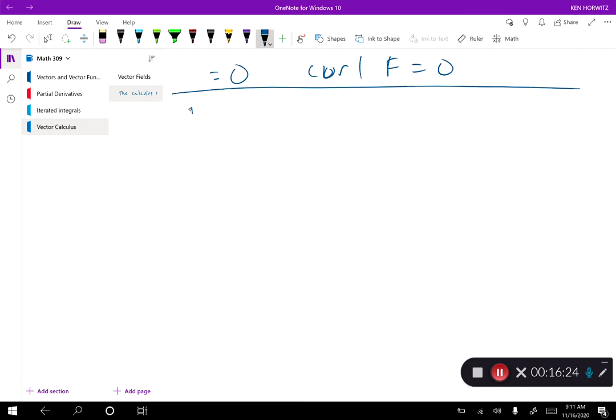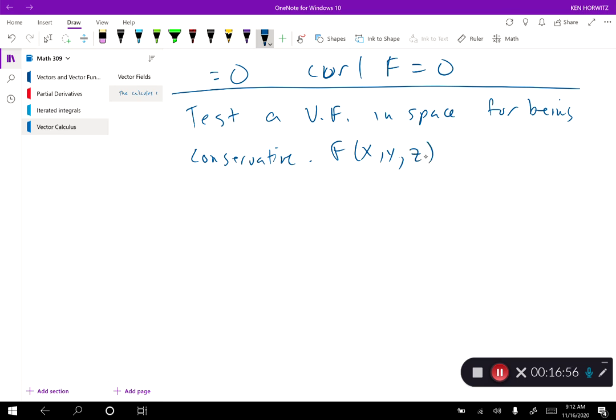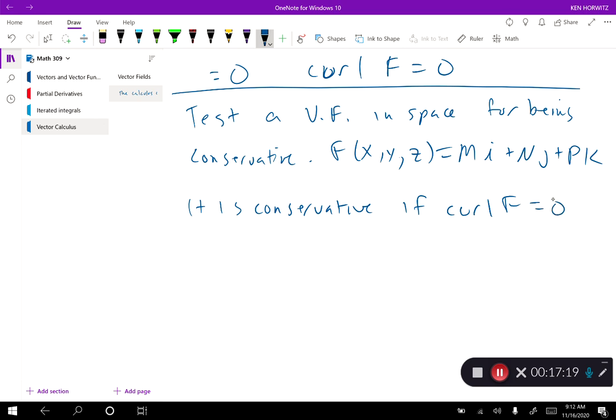It's because if you wanted to test a vector field in space for being conservative, and that would be something like f of x, y, z equals mi plus nj plus pk, you could say it is conservative if the curl of f equals 0.